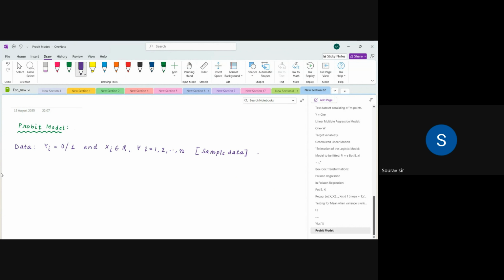So based on this, I want to use a Probit model for estimation purposes. So as per the Probit model, the conditional probability that yi is equal to 1 given xi, which we will denote by pi, is nothing but cap phi of beta naught plus beta 1 xi.